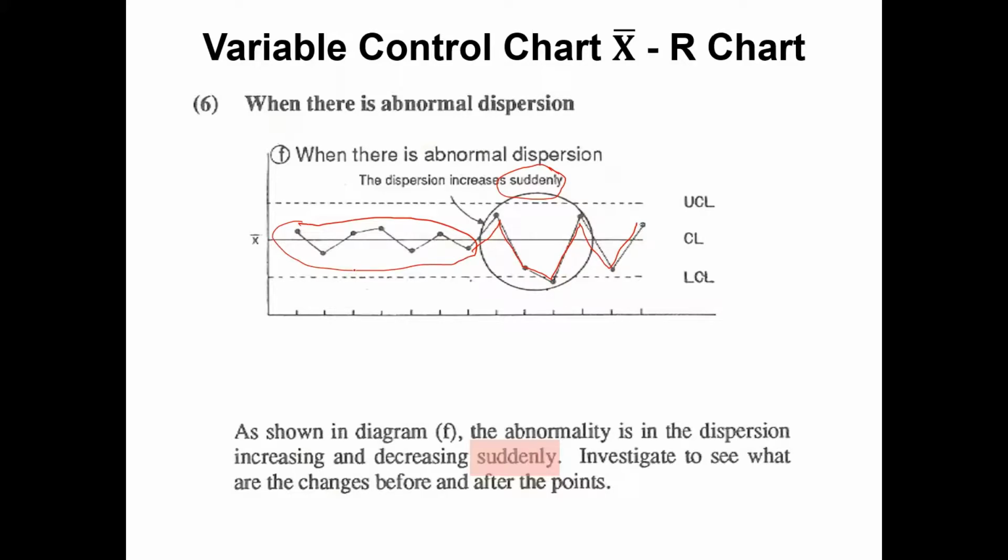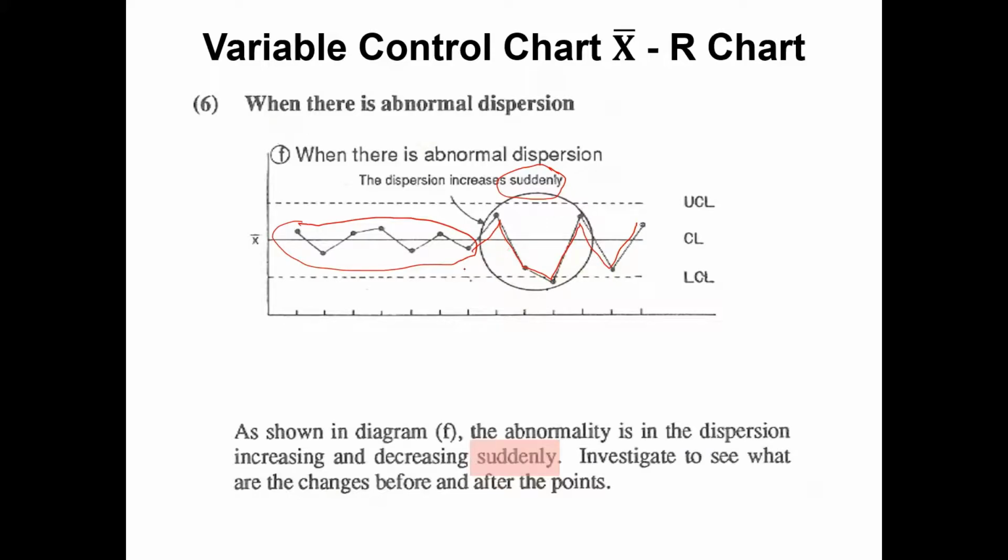If this occurs, it also suggests that there is an abnormality in the process. Again, it depends on the interval occurring. If the interval is quite consistent, you can just compare the points with bigger dispersion with the points with smaller dispersion to see what the differences are between these two settings.